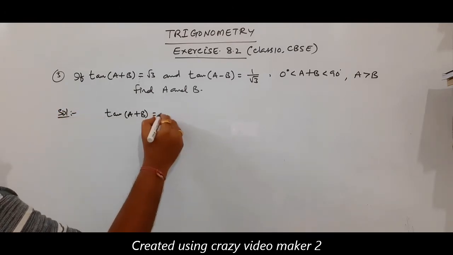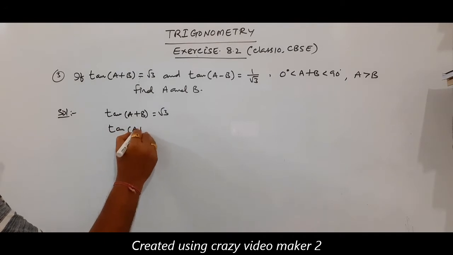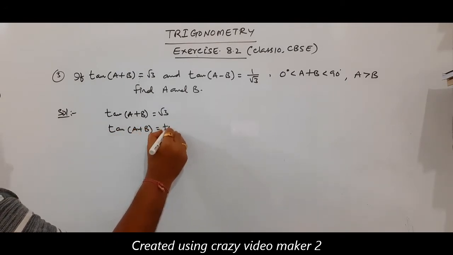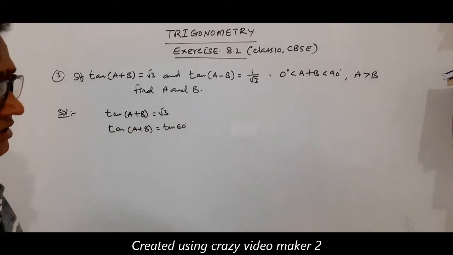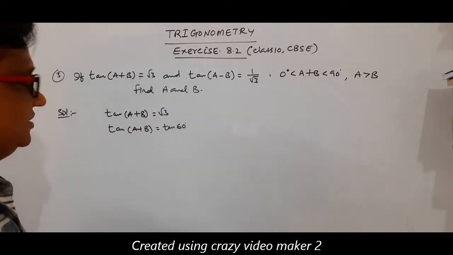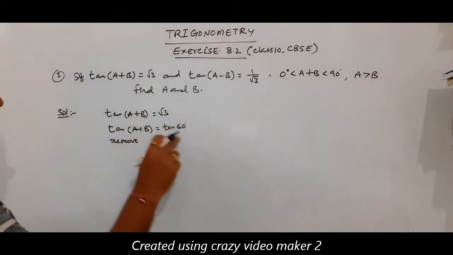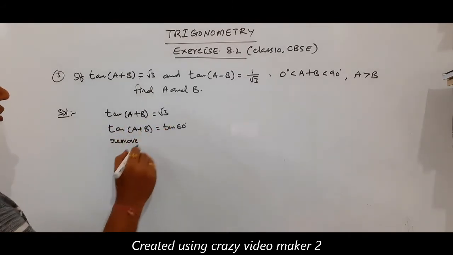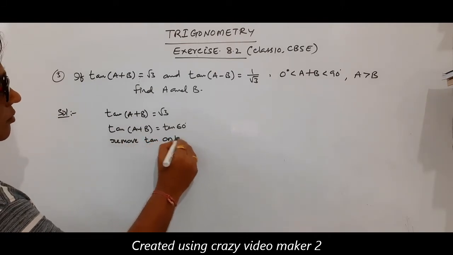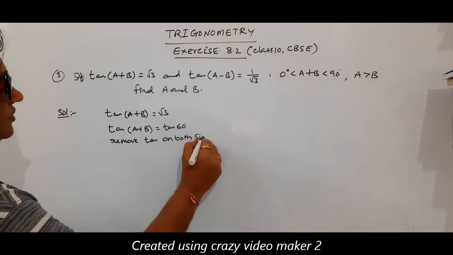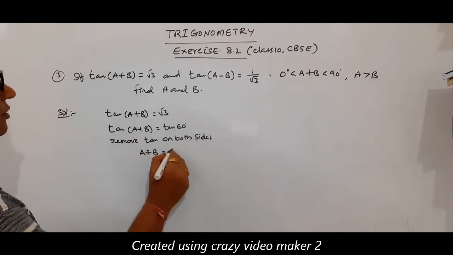Given tan a plus b equal to root 3, so tan a plus b equal to tan 60 degrees, because root 3 is tan 60. In both sides tan is there, so remove tan. Don't cancel because they are not products. Okay, remove tan on both sides, so that a plus b equal to 60 degrees.